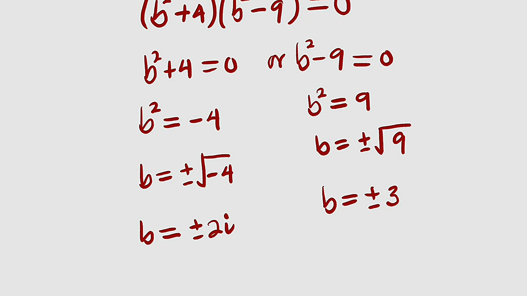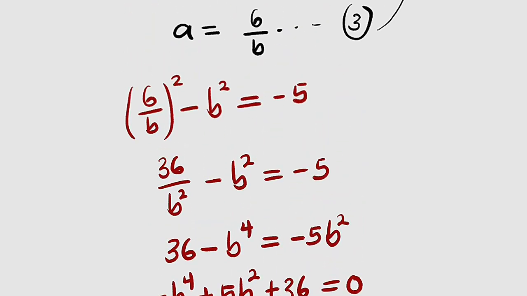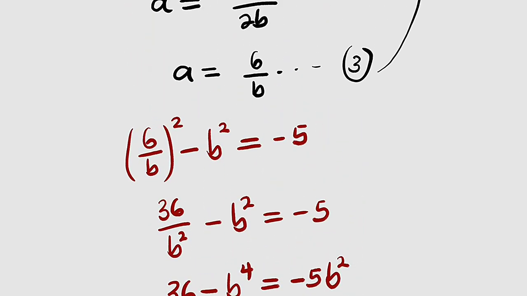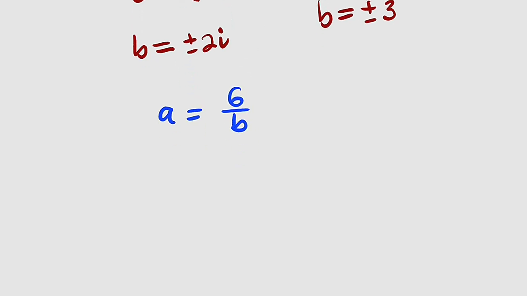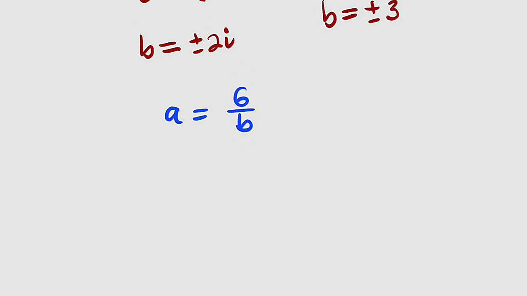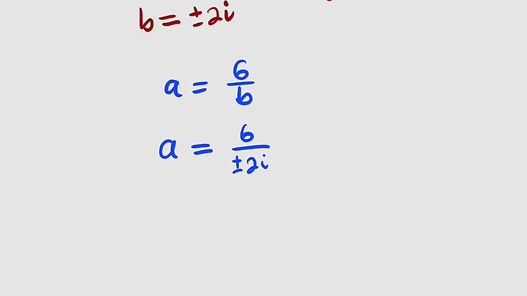What about a? Remember from our equation number 3, we have a equal to 6 divided by b. So a is equal to 6 divided by b. Let me start with this one. When b is plus or minus 2i, we have a equal to 6 divided by plus or minus 2i.